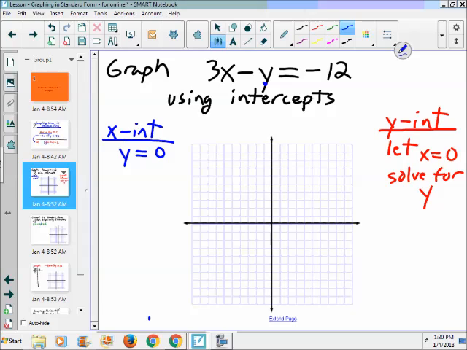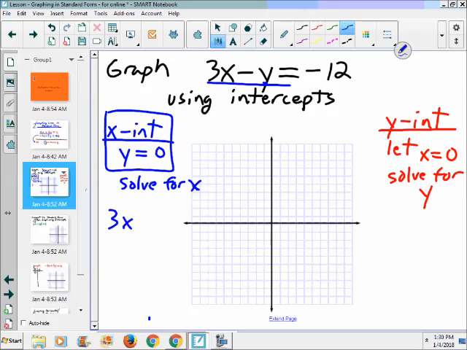So now let's graph 3x minus y equals 12 using x and y intercepts. Finding the x-intercept is actually very easy. All you do is let y be 0, and then you solve for x. So if we let y be 0 in this equation, we have 3x minus 0 equals negative 12. I forgot to write the negative from above.